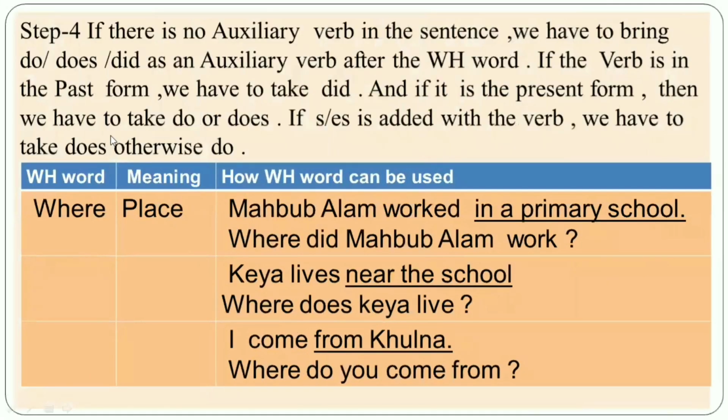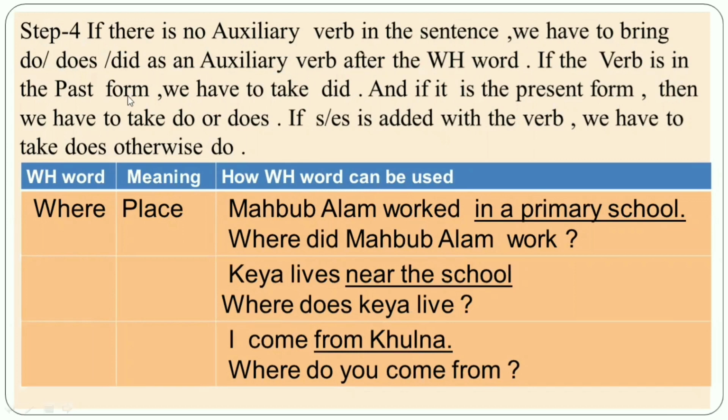My dear student, step 4. If there is no auxiliary verb in the sentence, we have to bring do, does, did as an auxiliary verb after the WH word. My dear student, you have to remember that if there is no auxiliary verb in the sentence, we have to bring do, does, or did after the WH word.